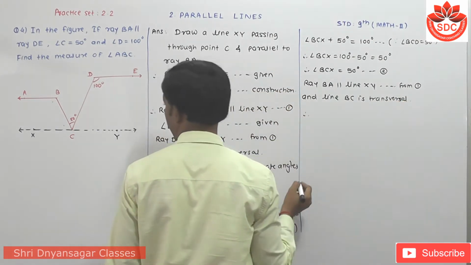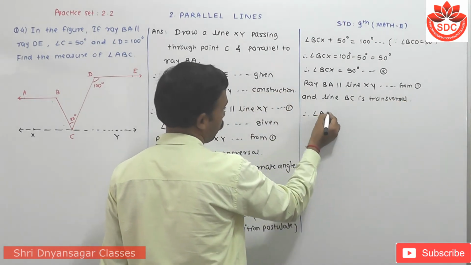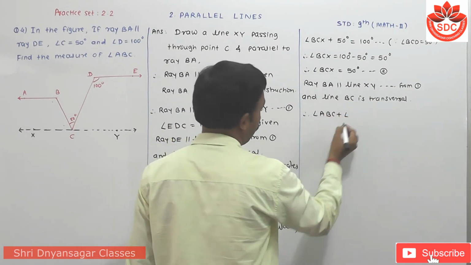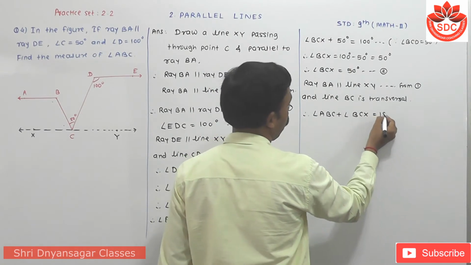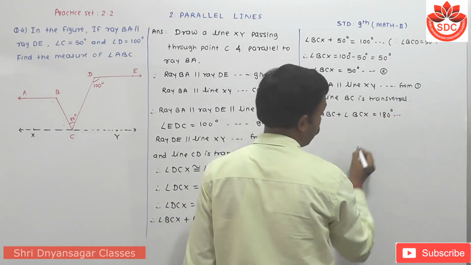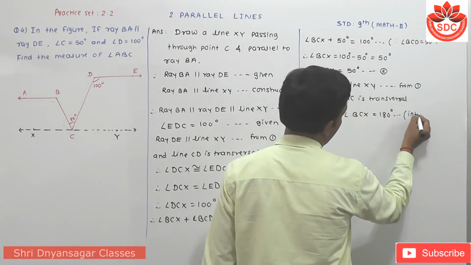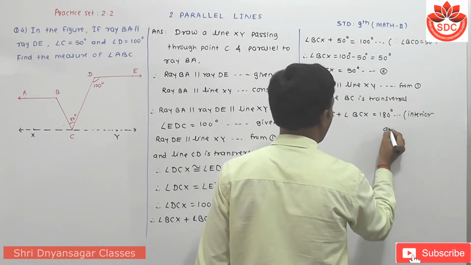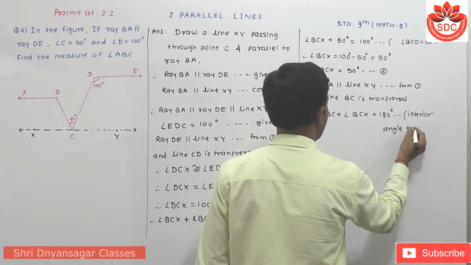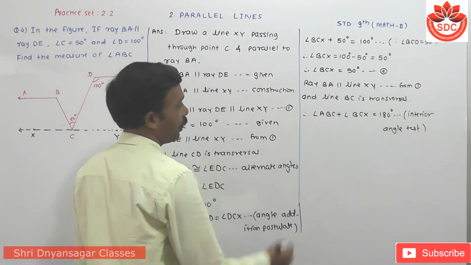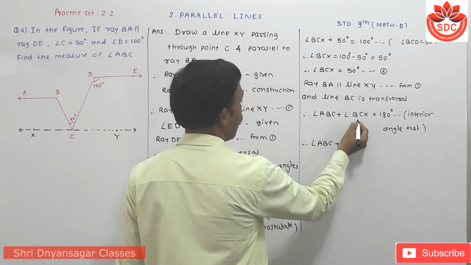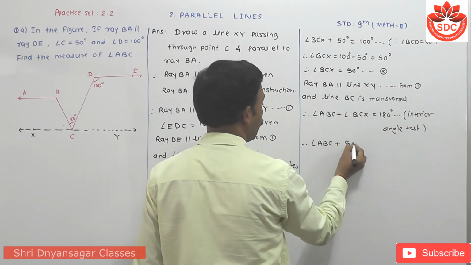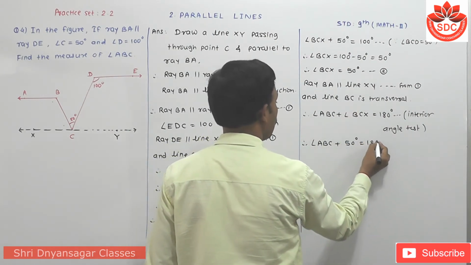Therefore, by using the interior angle test, angle ABC plus angle BCX is equal to how much? 180 degrees. This is by the interior angle test. Then angle ABC plus BCX, BCX is 50 degrees, equals 180 degrees.